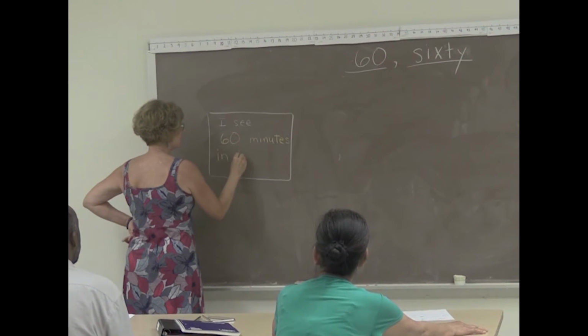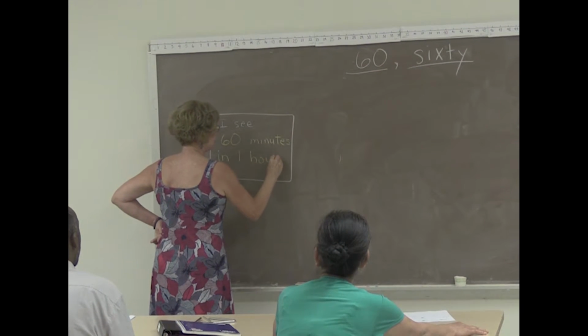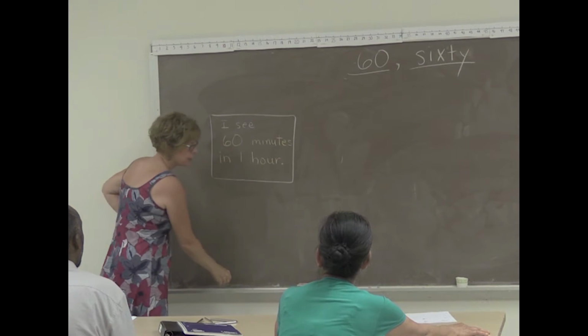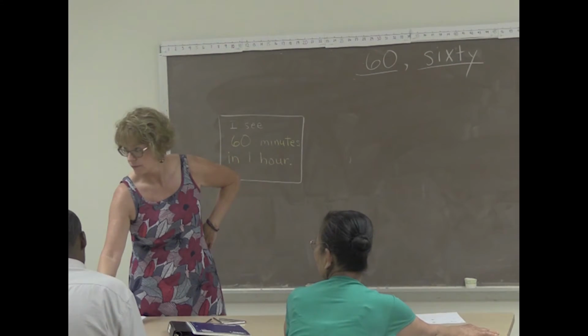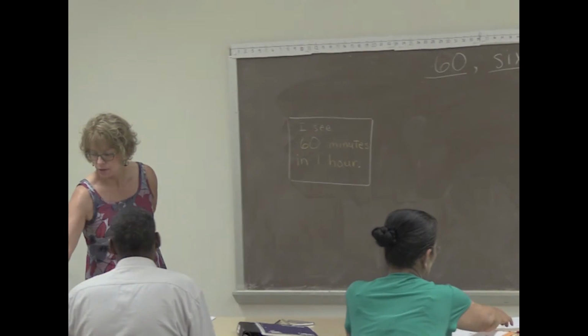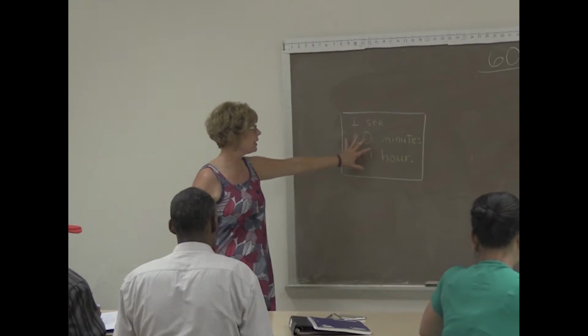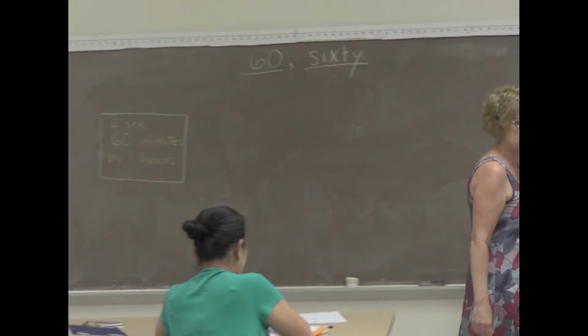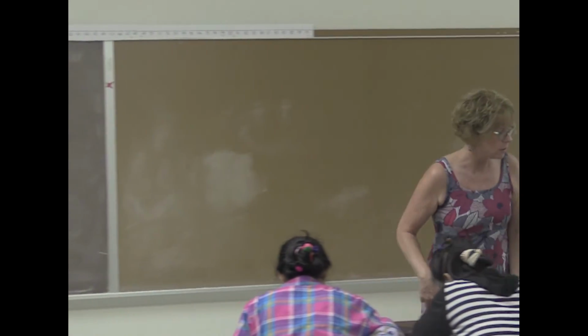All right, let's say that. In 1 hour. We have a full sentence, put a period at the end. Go ahead and finish. Now you're going to write in yellow, 60 minutes in 1 hour.